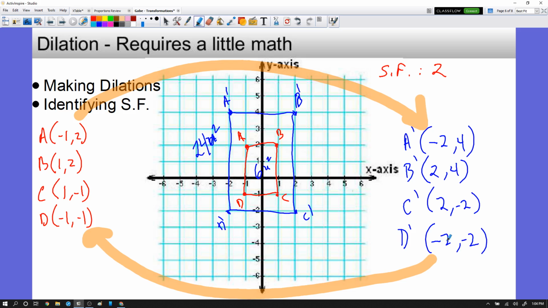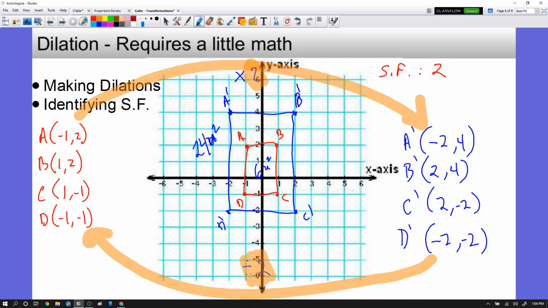So if we did -2 divided by -1, that would give us an answer of 2. So if we're dividing it, okay, that'd be 2. If we were going from -1 to -2, that'd be multiplying by 2. Regardless, you can see that this is where our scale factor is, 2.